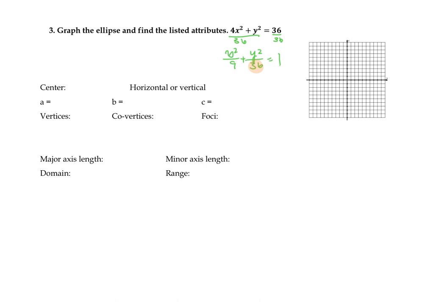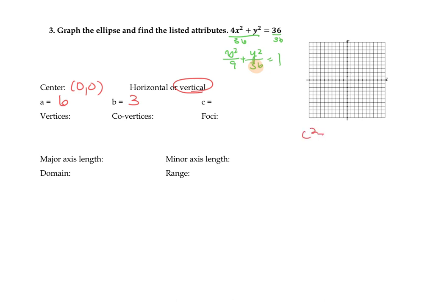So my center is at 0, 0. And we already determined it's vertical because the number under y squared is larger. My a value is 6 because the square root of 36. My b value is 3 because the square root of 9 is 3.